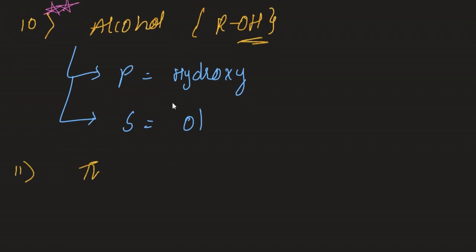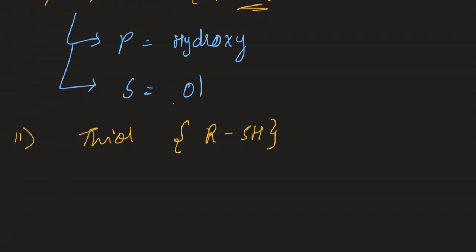Next, 11th one, thiol. It is nothing but RSH group. Next, whenever it is acting as a prefix, its name is mercapto. I think you people can see the term mercapto in some structures, which is related to biology. Some chemical structures, you can see the mercapto word.